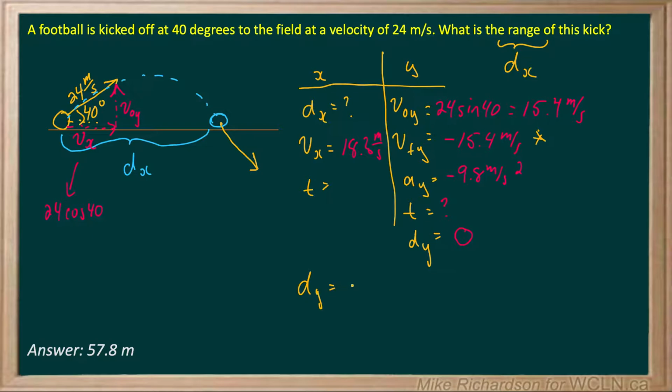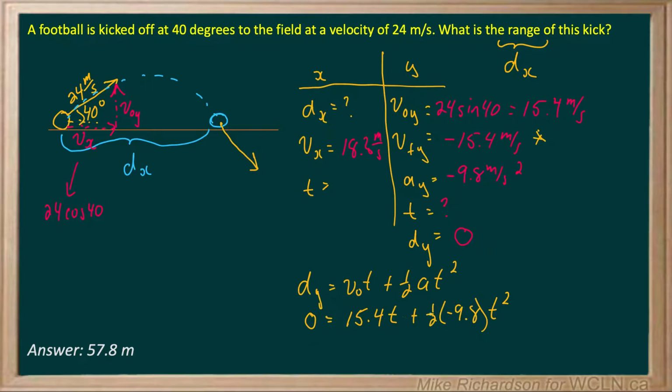dy is v0t plus 1/2 at squared. Now dy is 0. My v initial was 15.4. We're looking for time. 1/2 negative 9.8 t squared.